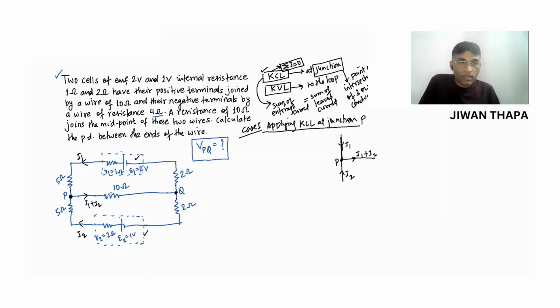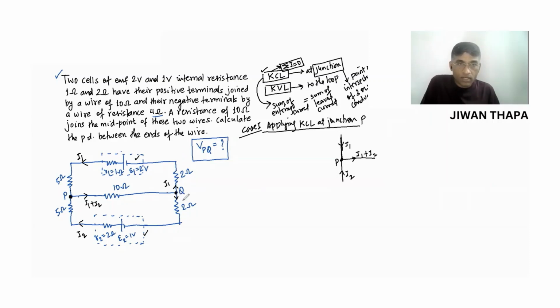So we have this. Now, if you see in the branch PQ, at point Q, what we find? At point Q, we find this I1 and I2 will divide into two parts. One, I1 flowing along this direction.